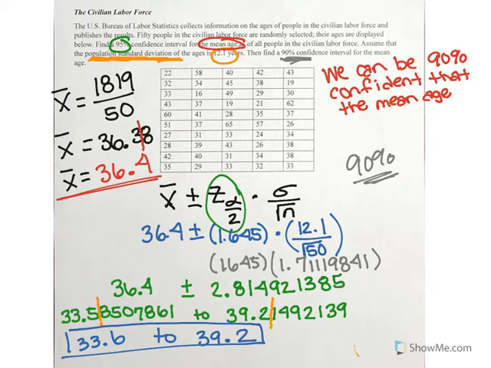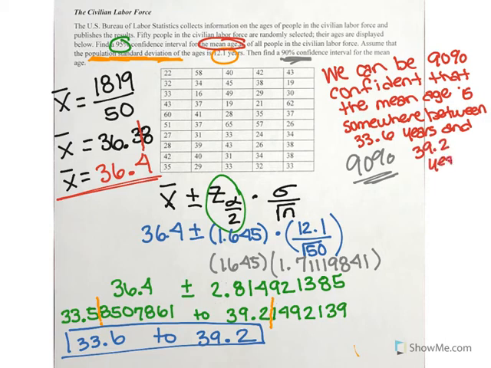But you can just say the mean age is somewhere between 33.6 years and 39.2 years of age.